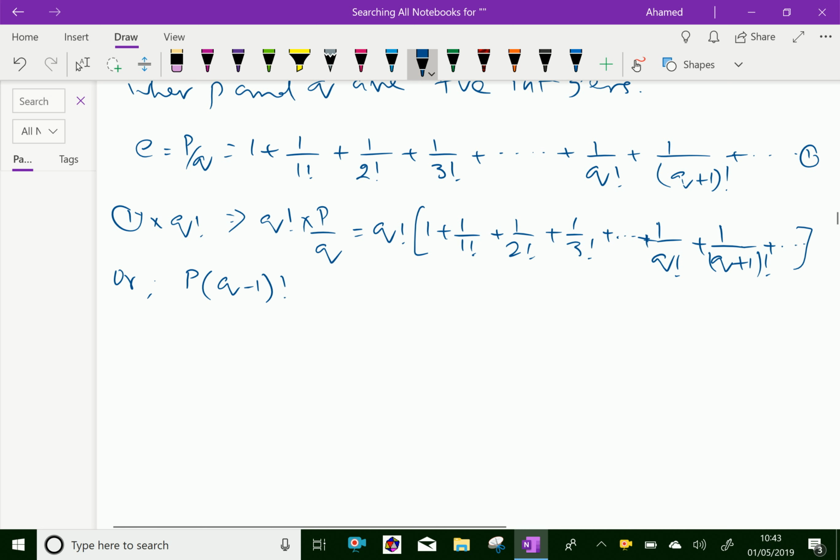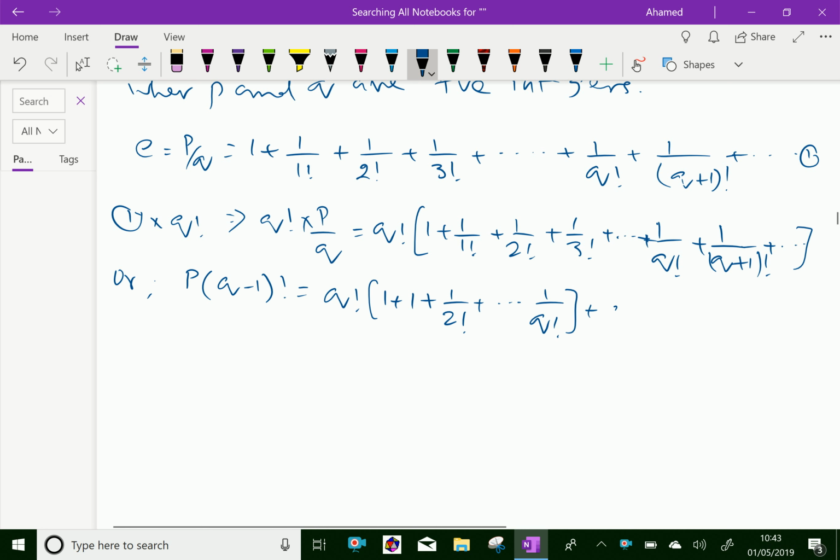Then this is equal to q factorial into 1 plus 1 over 1 factorial plus 1 over 2 factorial plus dot dot dot plus 1 over q factorial.